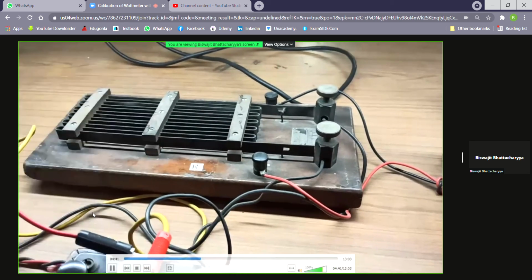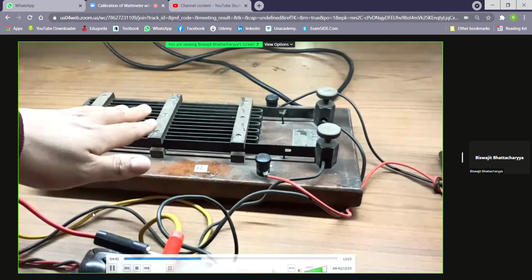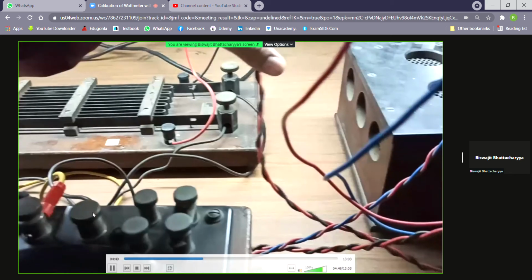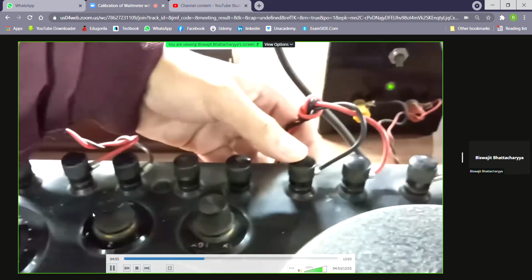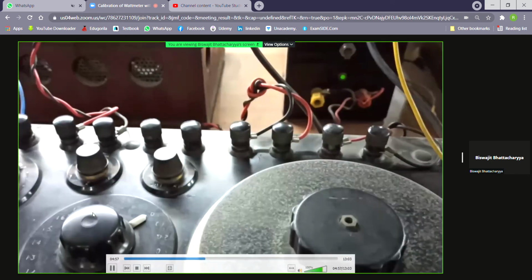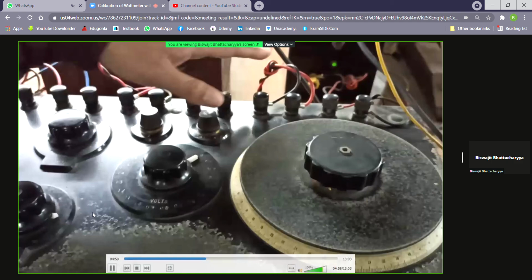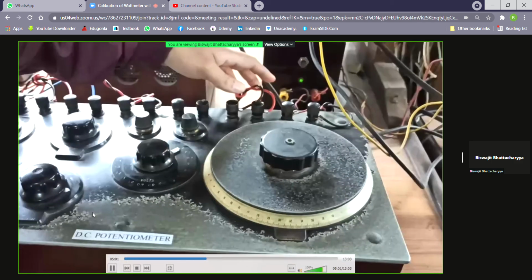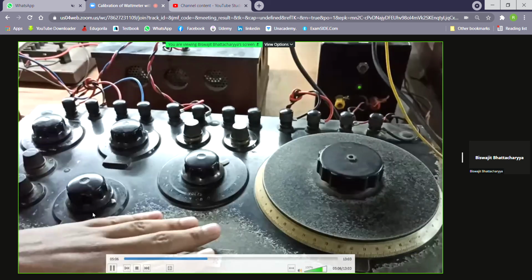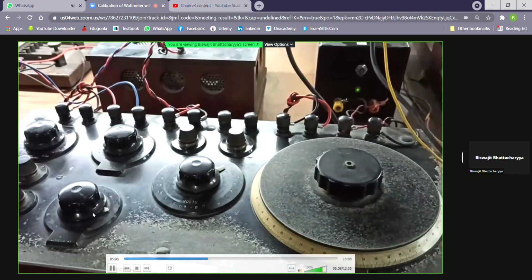These are all series connected. The voltage across this resistance we take to terminal 3 of this DC potentiometer, which we will measure to get the calibrated value, and which we will use later to calculate the wattage.